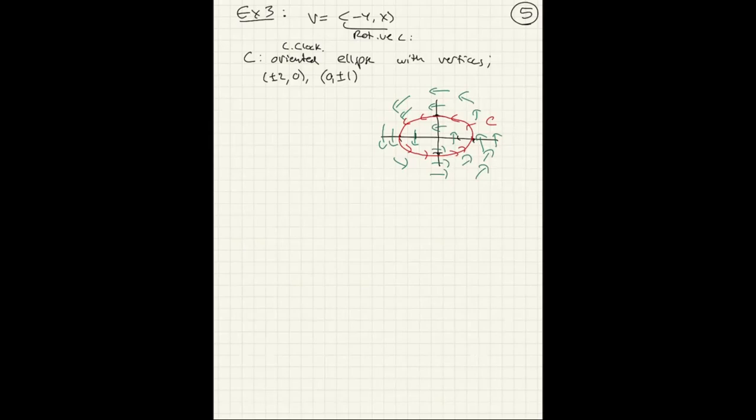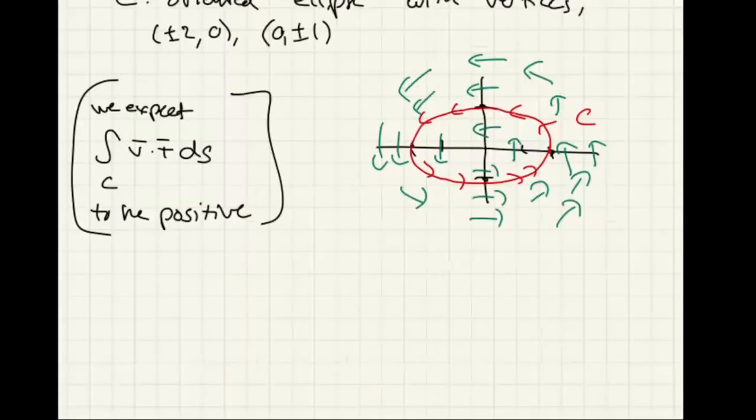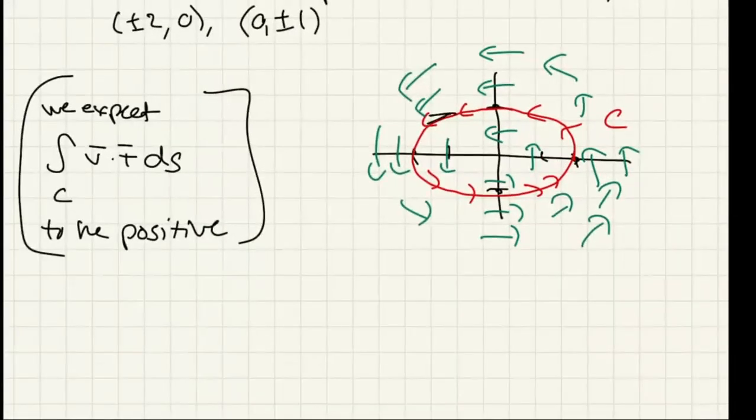I'm seeing some positive. Yeah. Again, we expect the circulation integral to be positive, because you zoom in at any point and you've got acute angles forming. Okay, good.